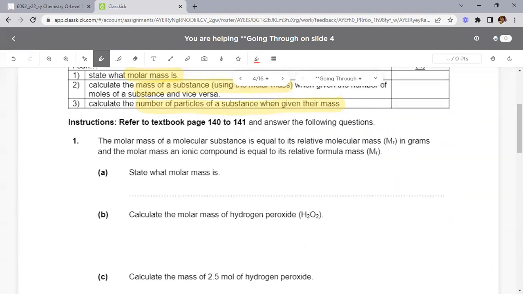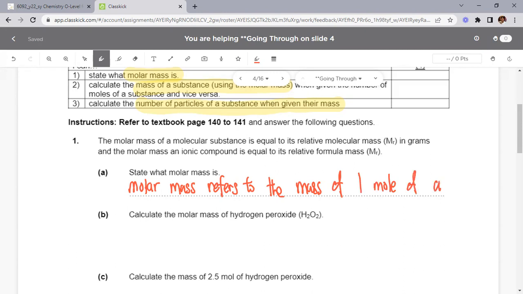The molar mass refers to the mass of 1 mole of a substance. So I say again, the molar mass refers to the mass of 1 mole of the substance.